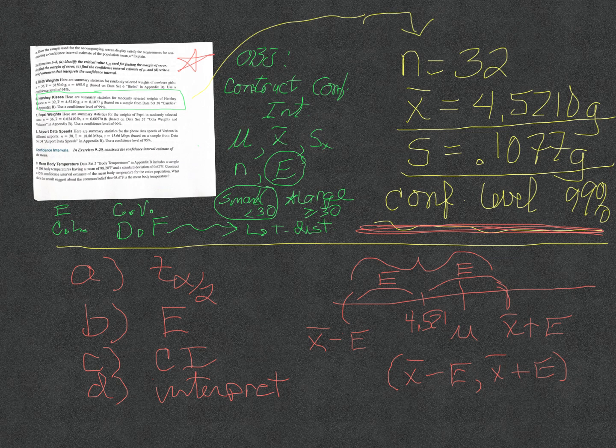With this interval, I'm going to be 99% confident that the true mean is in that interval. Well, I'm not confident that the true mean is there; I'm confident that the interval contains the true mean. So I'm confident in my process of building the interval. What that means is if I take 100 samples of size 32, and take all their sample means, they're not all going to be the same.